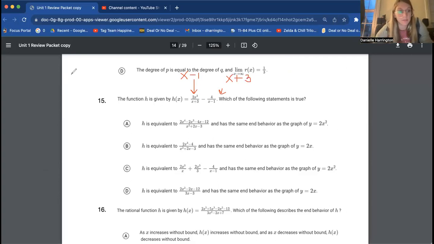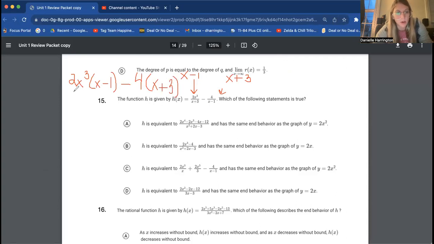So that's going to give me 2x cubed times x minus 1. And I'm going to subtract 4 times x plus 3.